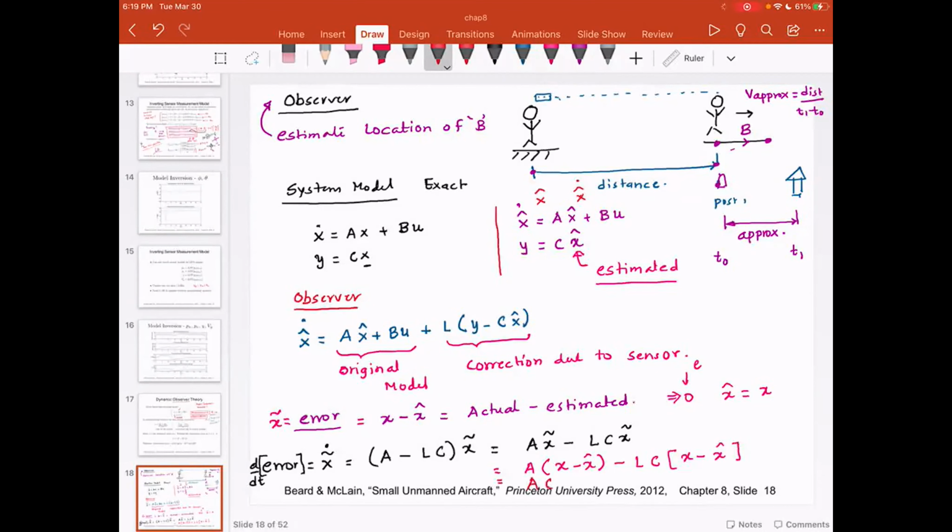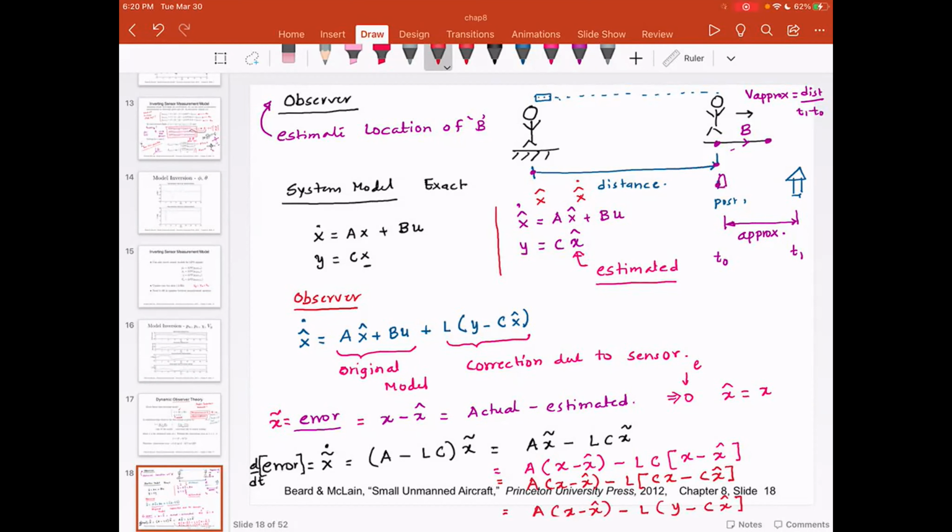This becomes A (x minus x hat) minus L, then if I take C inside, this becomes Cx minus C x hat, and this equation is A (x minus x hat) minus L (y minus C x hat).